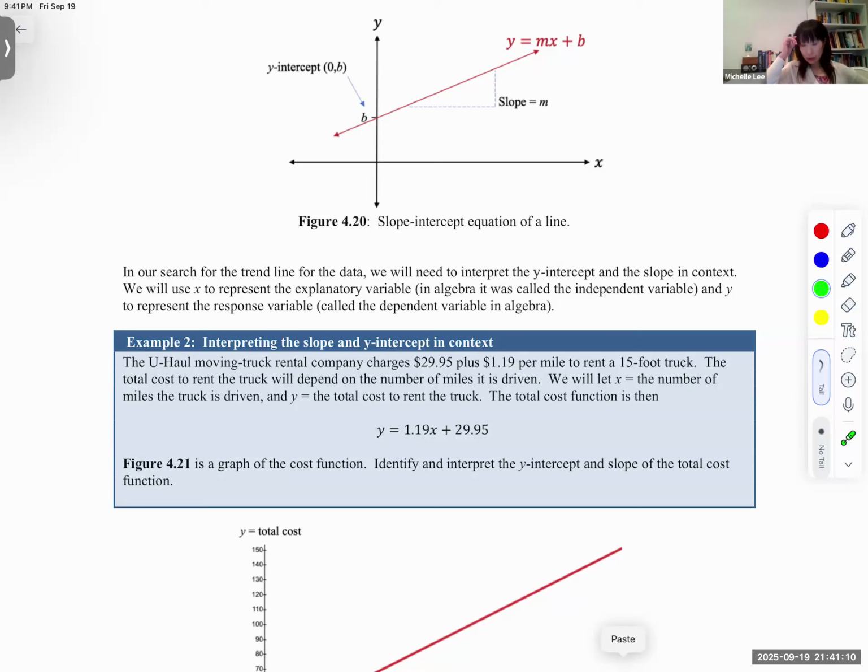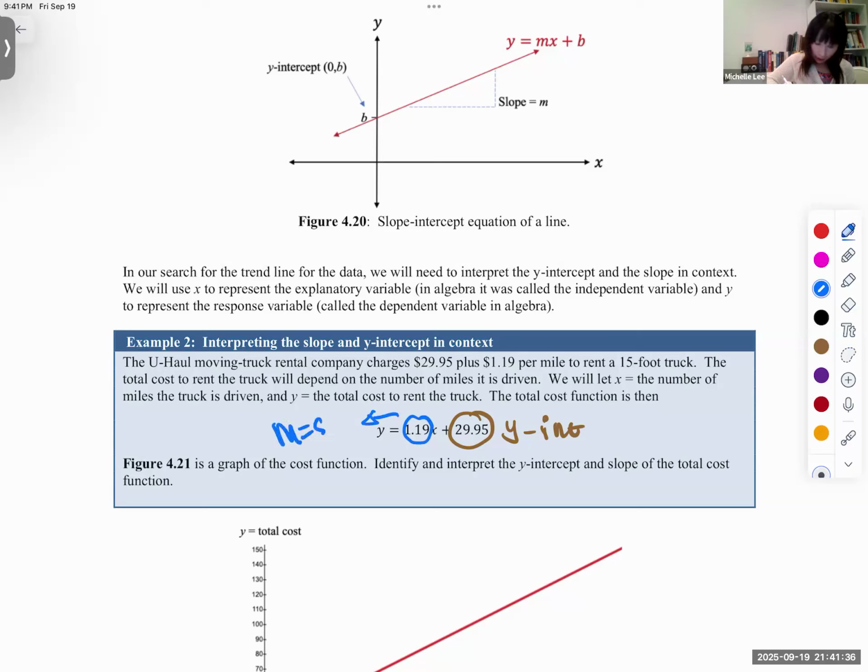We can use the slope method. How? We start from the y-intercept. So this is the y-intercept. Let me denote it this way. And this is the slope, which is m.